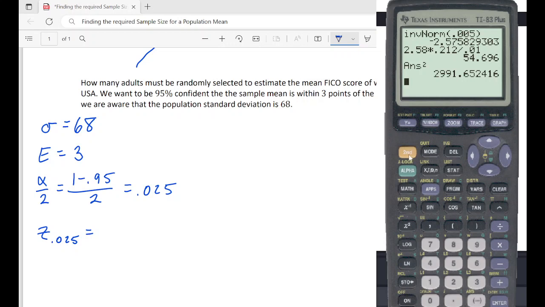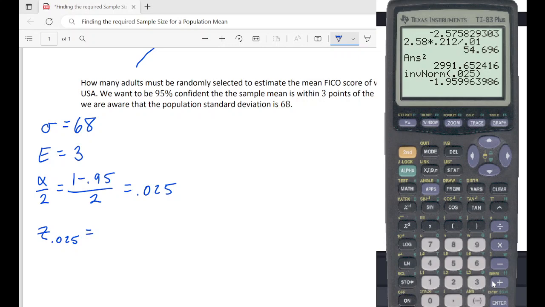So that's what I'm going to do. So second vars, number 3, and the area is going to be 0.025. And that's going to give me 1.96 because I don't want the negative. So 1.96.